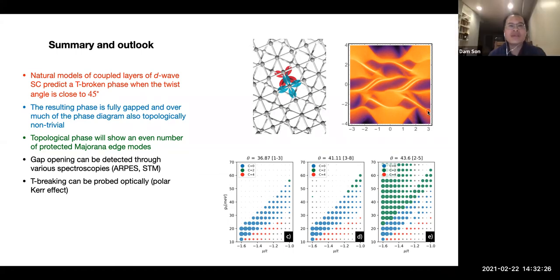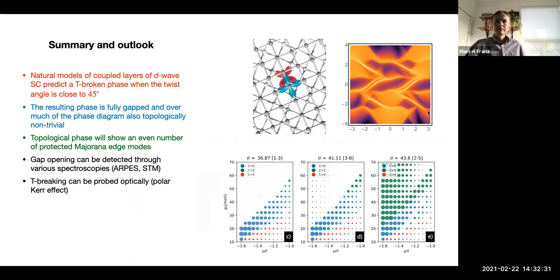Is the Kerr effect quantized? No, this Kerr effect, we don't find it quantized. It actually depends on frequency and many other parameters. But you can show that it's quantized to 0 if time reversal symmetry is unbroken, or if you also have to break all mirror symmetries in plane.